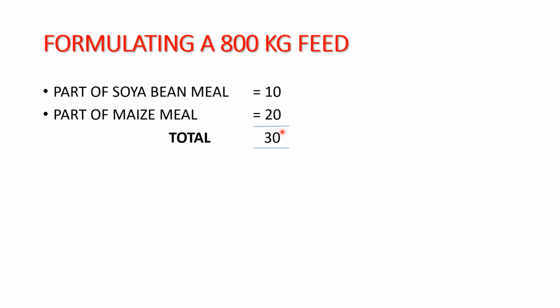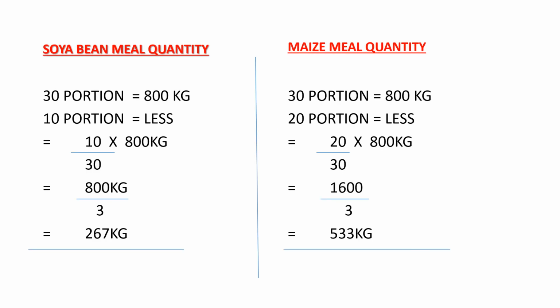So in order to know how many kgs from soybean meal and how many kgs from maize meal, first of all we add the two ratios, 10 plus 20, which is 30. After doing that, we can calculate the quantity of the two meals.